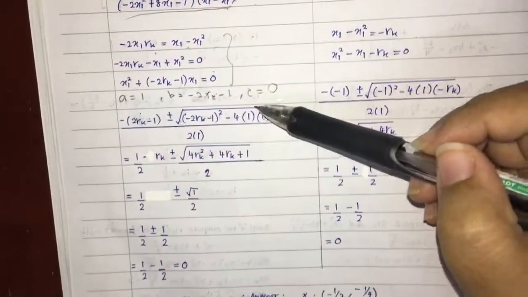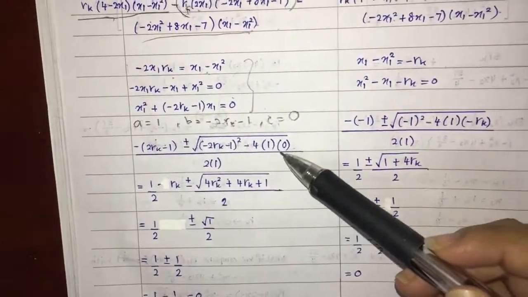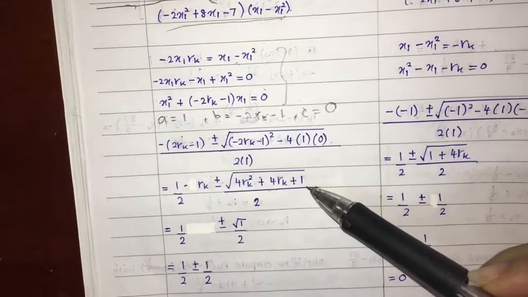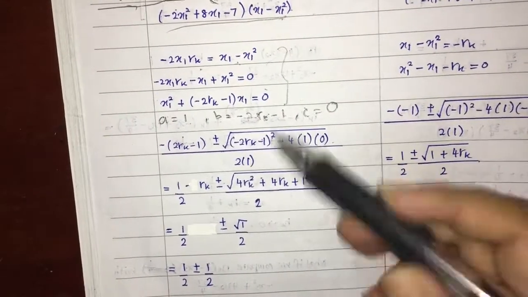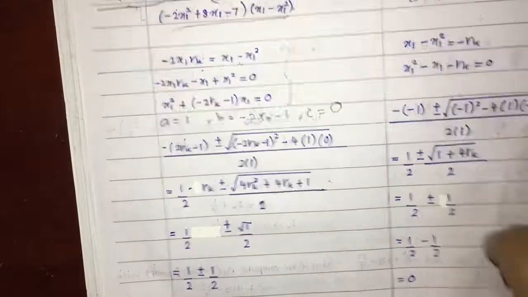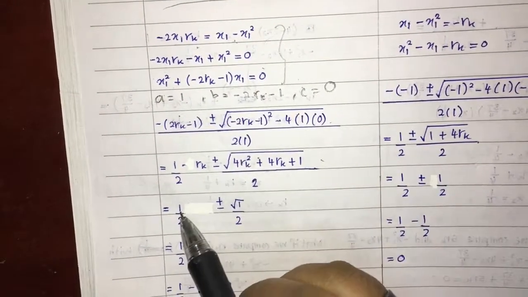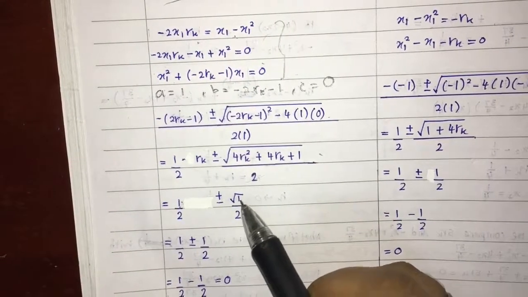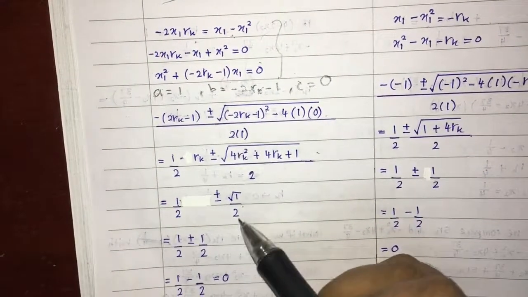After we substitute all this, we get these equations, and then we got this. After we solve this, we got half plus minus square root of 1 over 2.